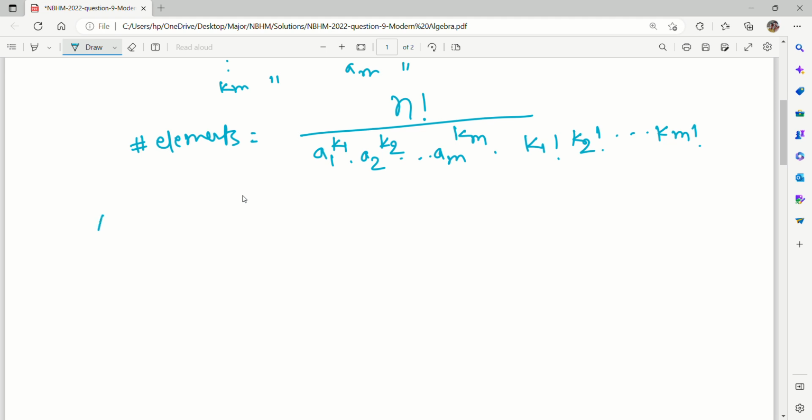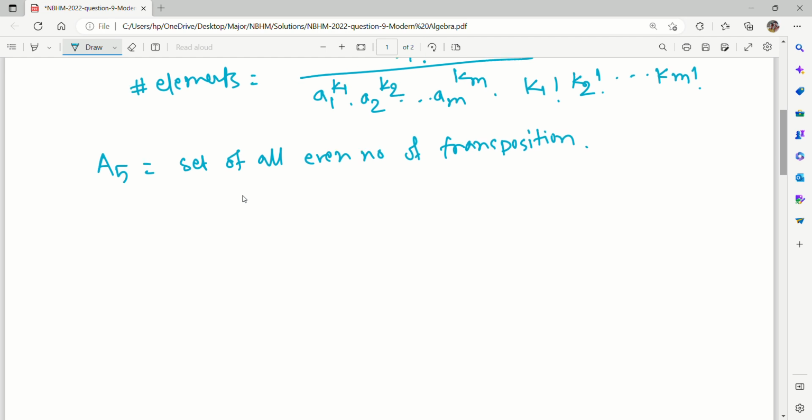So now come to A5. What is A5? A5 is the set of all even permutations, that is, products of an even number of transpositions.